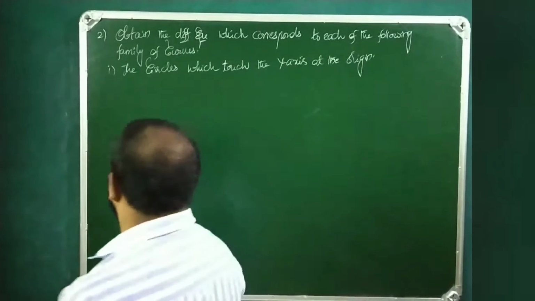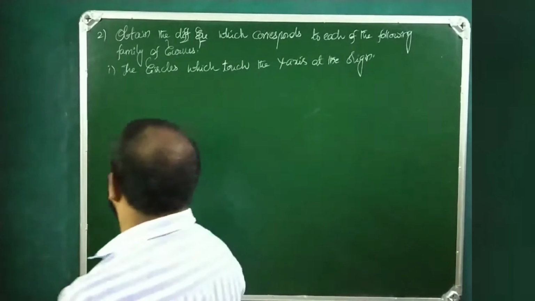If we substitute 0, 0 in x square plus y square plus 2gx plus 2fy plus c equals 0, we get c equals 0. Now c is 0, and f is also 0. That means r is equal to g.